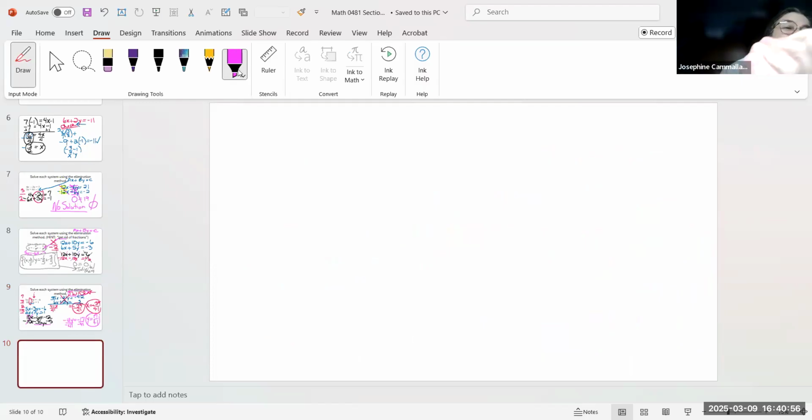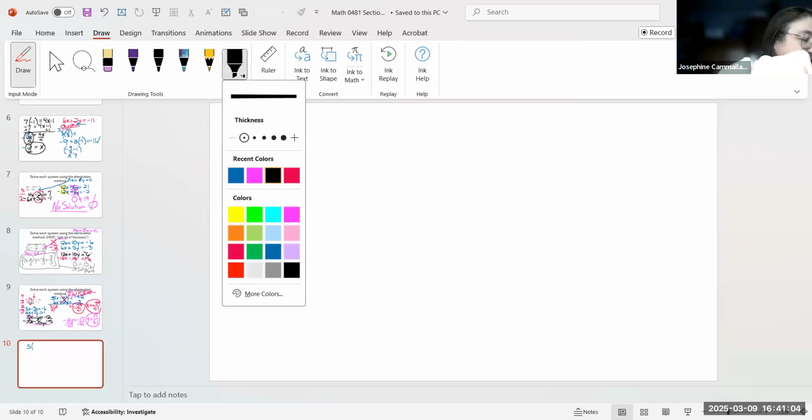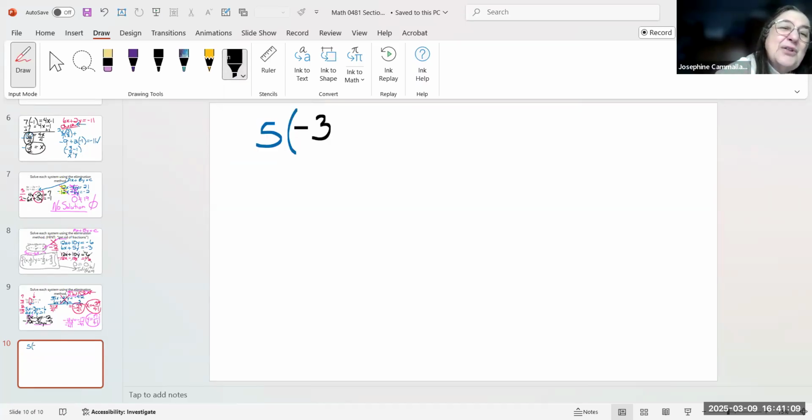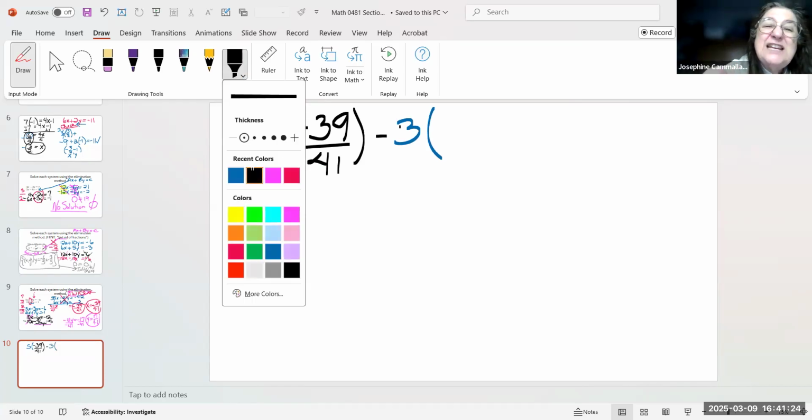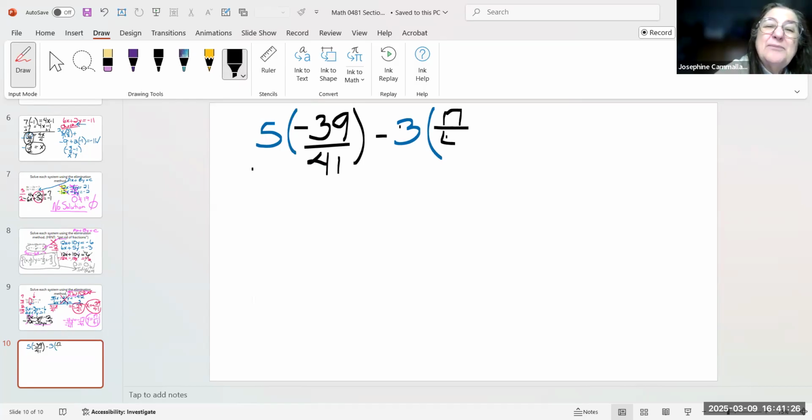Now, I am taking 5, and I'm going to put here my negative 39 over 41, and then I have a minus 3, and remember, I got 17 over 41. Let's make that a better 17.